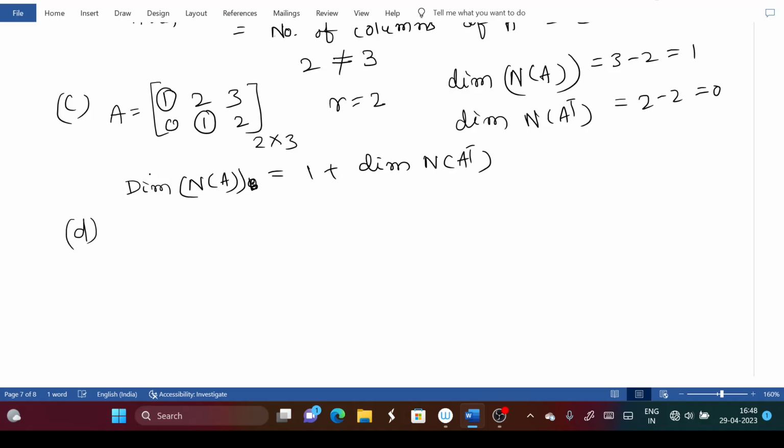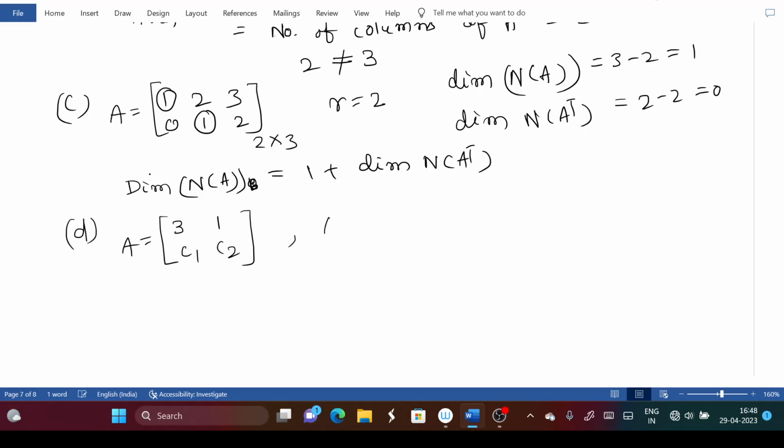Suppose I have a matrix with row space (3, 1) and left null space (1, 3). So the number of rows is 2, so it is a 2 cross 2 matrix. This is my A.